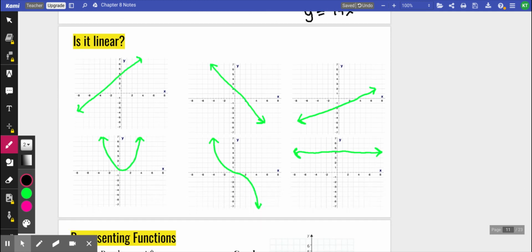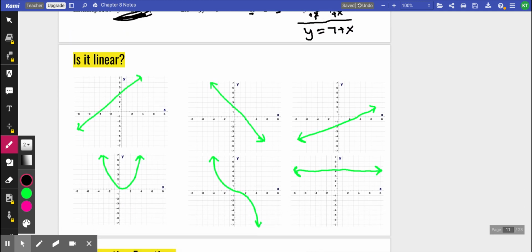Now, visually, looking at what it means to be linear. Linear is a straight line with a constant rate of change, kind of like a slope. Yes, that's a linear function. It's increasing the same all the way through the graph.